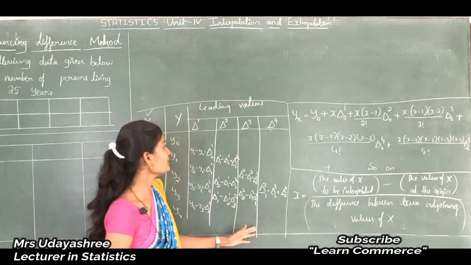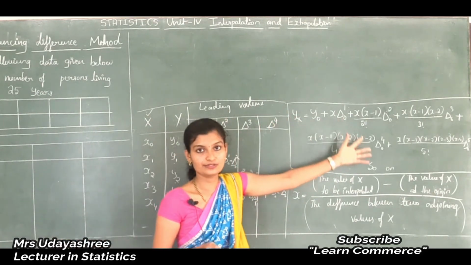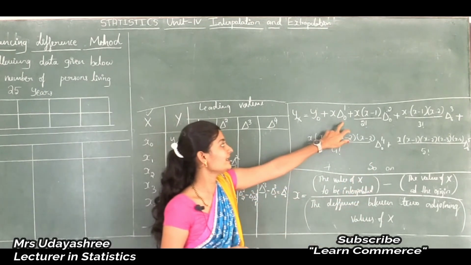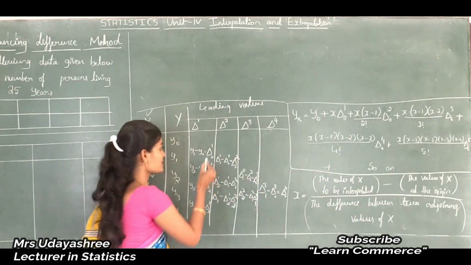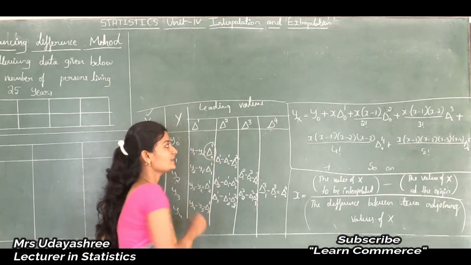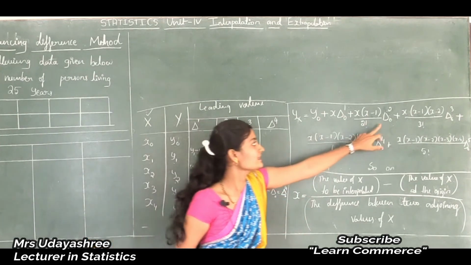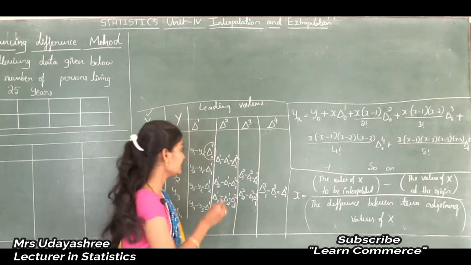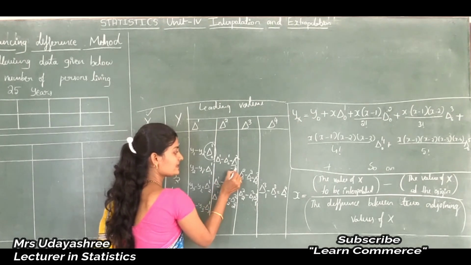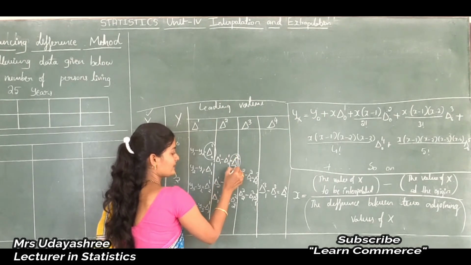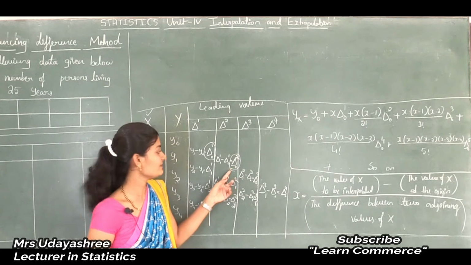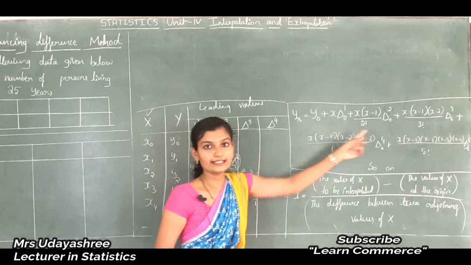See, what are the leading difference values here? We need delta naught 1, in the sense we need to substitute this value in the place of this. And delta naught 2: after the calculation I will substitute this value in the place of delta naught 2.